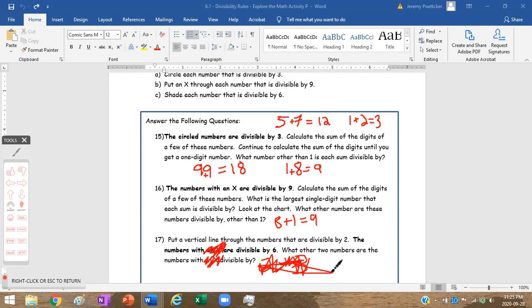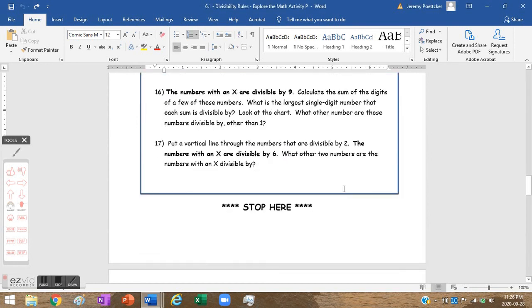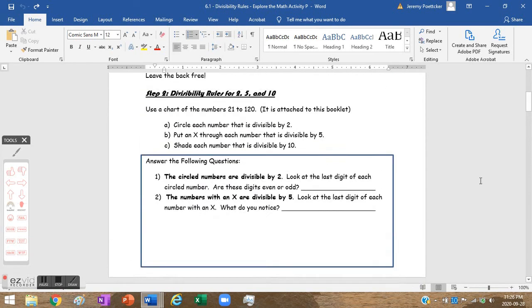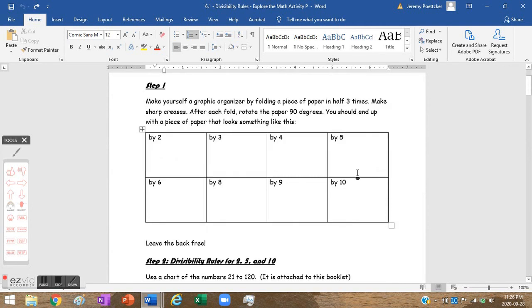My apologies, my instructions are not great. No, we're not saying the numbers with an X. It's the numbers that are shaded that are divisible by 6. What other two numbers are the shaded numbers divisible by? They're going to be divisible by 2 and by 3, because they're going to be even, and they're also divisible by 3.